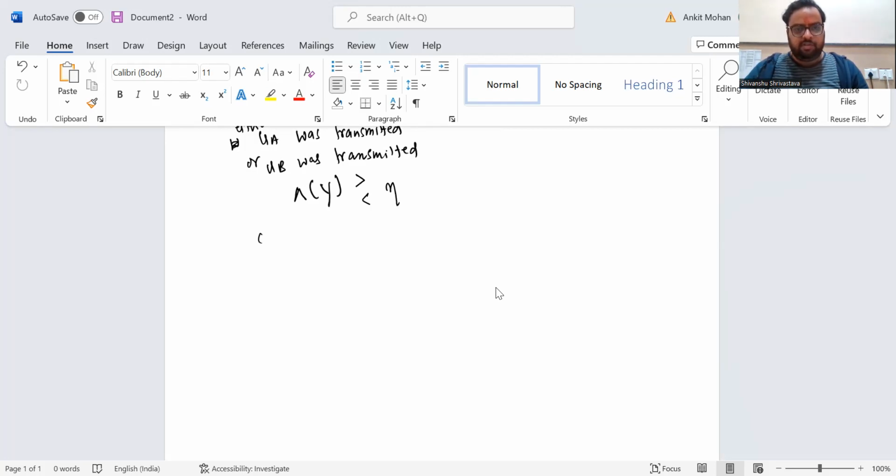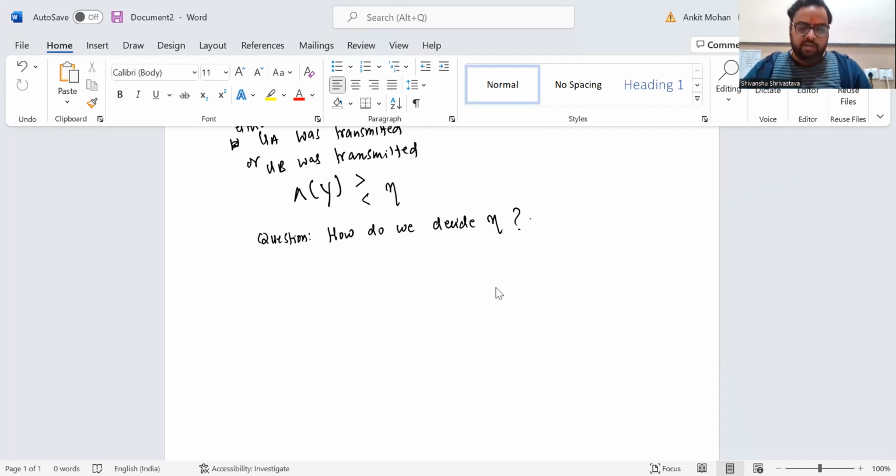But the question that comes here is: how do we decide this threshold value? What is the value that we have to bring here, with which we can compare this sufficient statistic and conclude to a particular hypothesis?